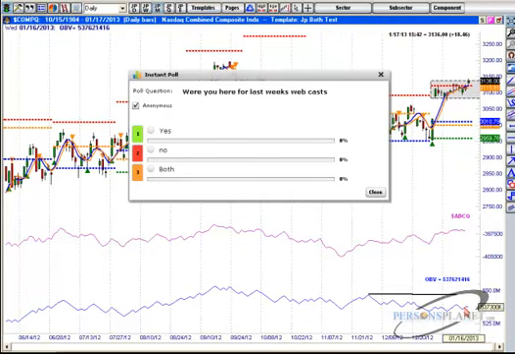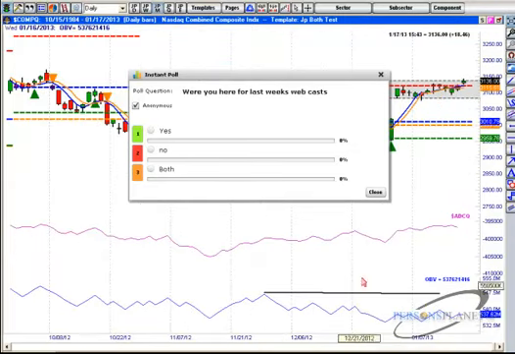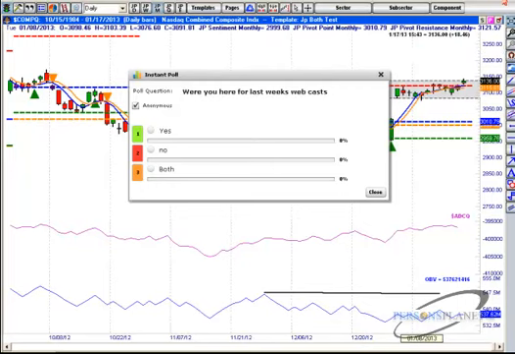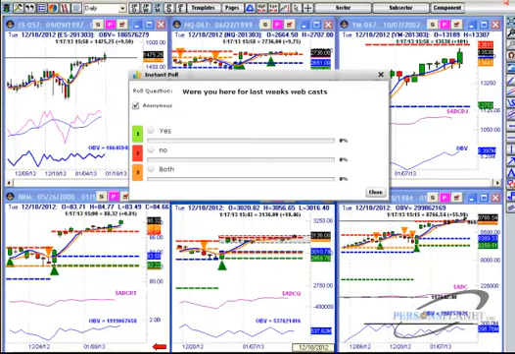And number two, there's a significant difference in volume. So the condition of this trend is now in question, and it's more suspect as we get closer to the monthly pivot point resistance in several of the indices.